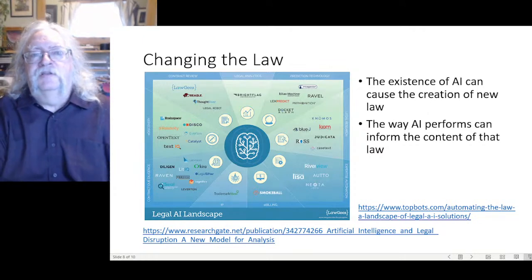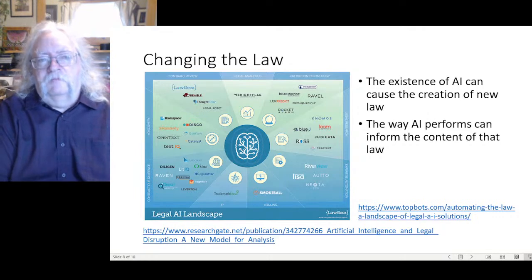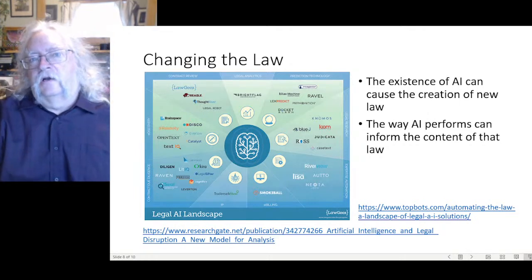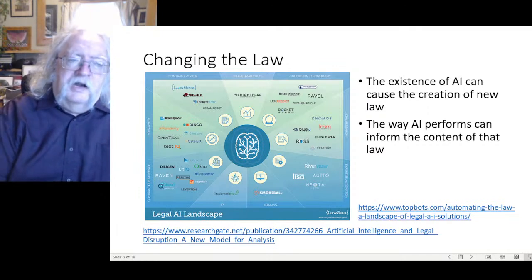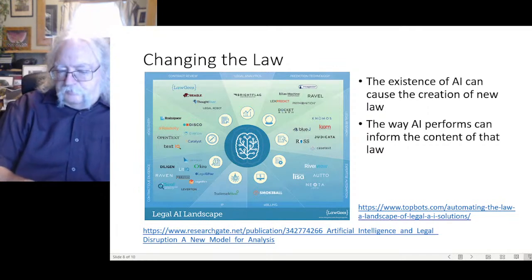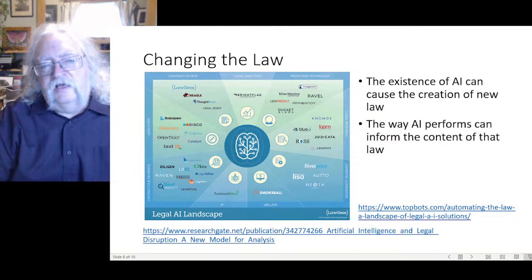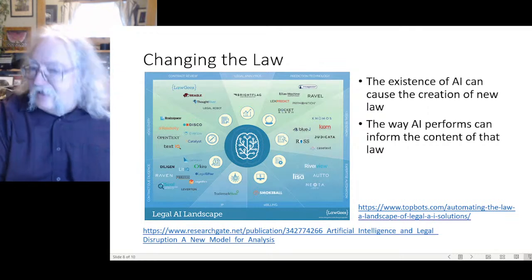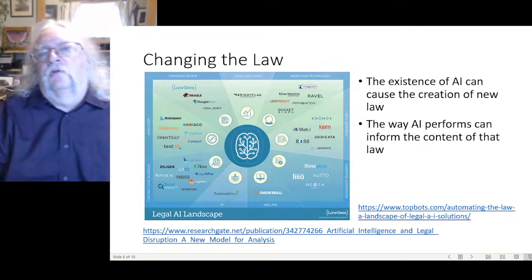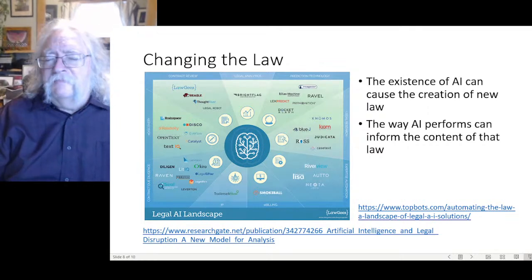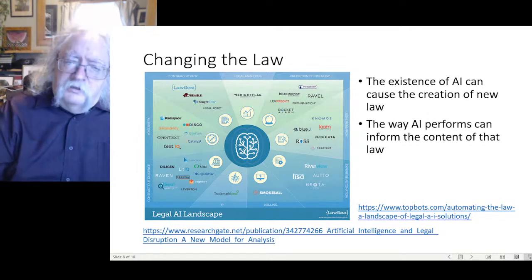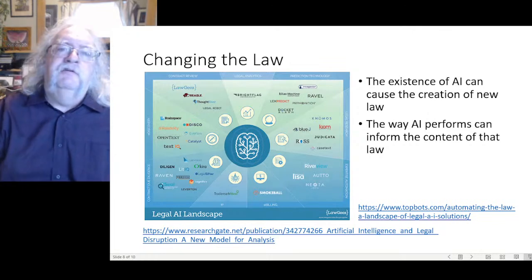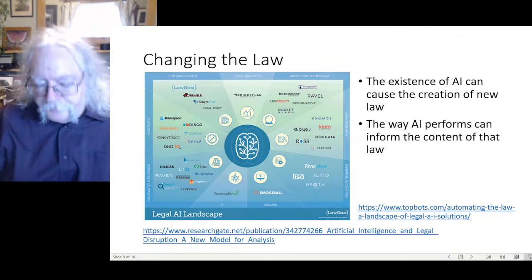And so what happens is the way the program is written becomes the de facto law in a particular environment. So if you write a system that prevents you from being able to upload PDFs, then the de facto law is you can't upload PDFs. And it doesn't matter whether it's legal or illegal. That sort of question goes by the wayside. What matters is you can or can't do it.